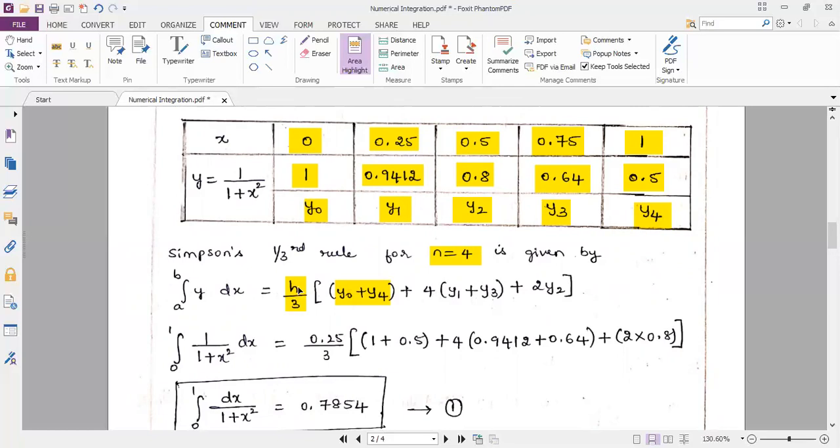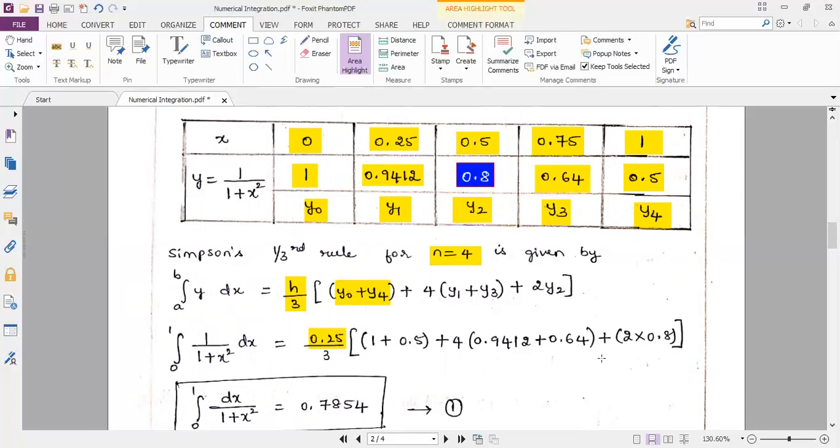Substituting all the values, h is 0.25 divided by 3, y0 is 1, plus y4, which is 0.5, plus 4 times of y1 plus y3. y1 is 0.9412, plus y3, which is 0.64, and lastly 2 times of y2. y2 is 0.8.